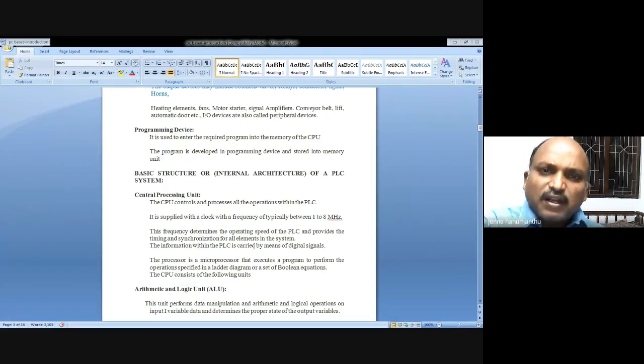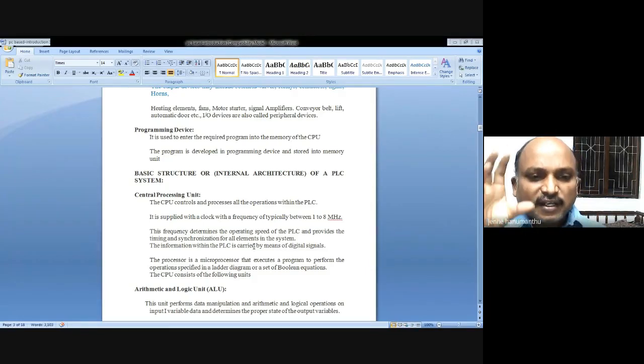If it is unable to control in a certain time, it is not synchronized, not synchronized in timing also. So synchronization is very much important for controlling the activity of the system, right?